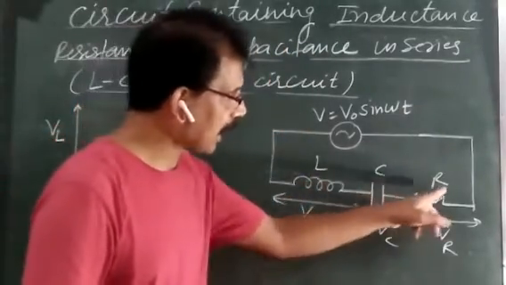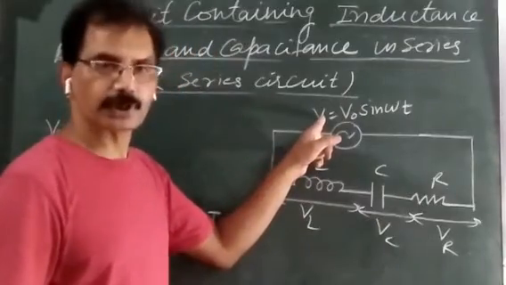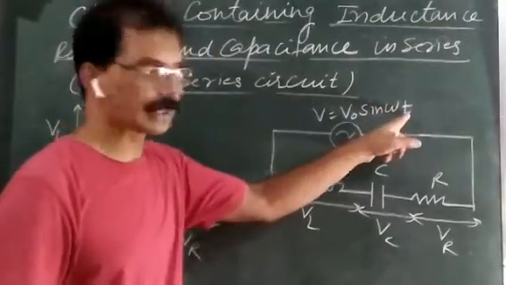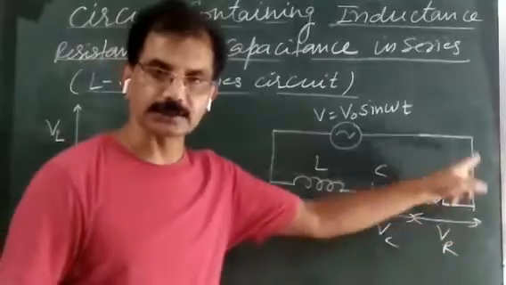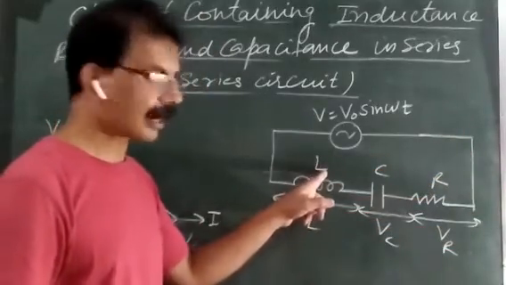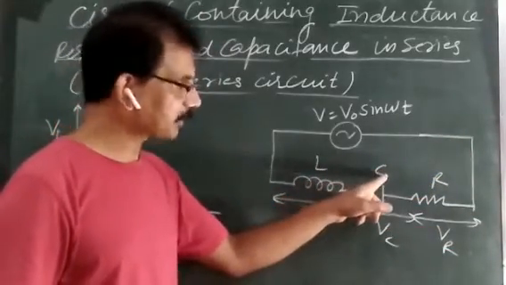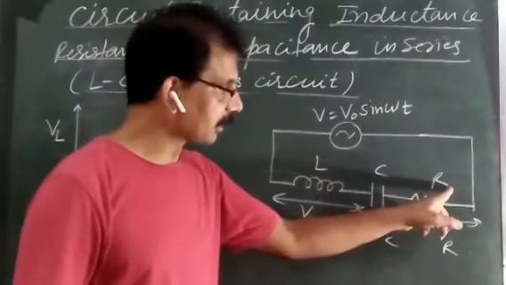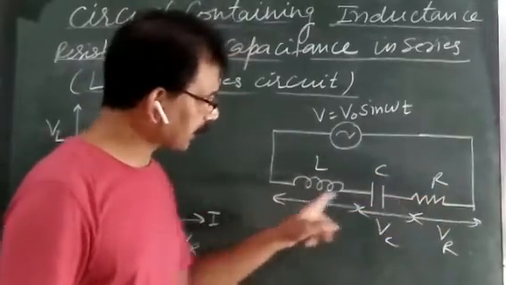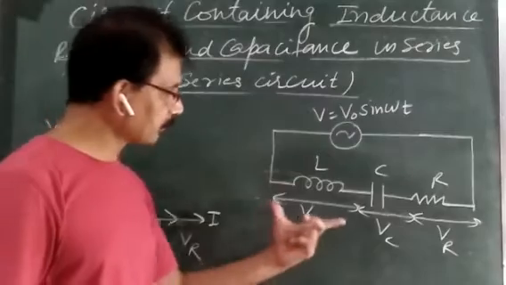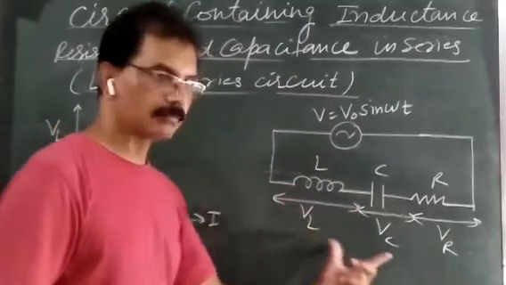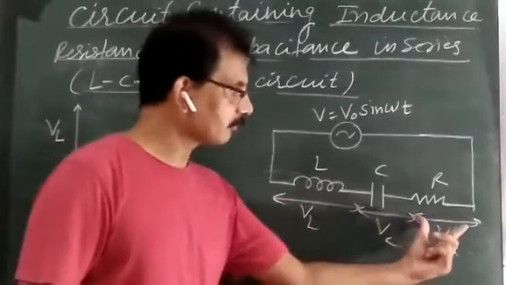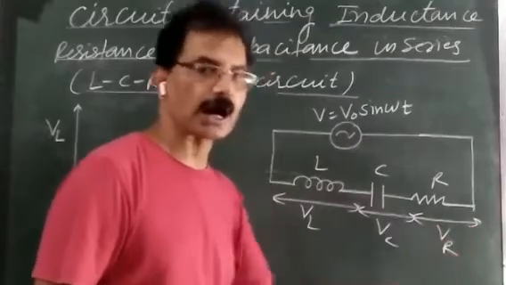So LCR. Let an alternating voltage V is equal to V naught sin omega t be applied across a circuit in which inductor of inductance L, capacitor of capacitance C, and resistance R be connected in series. Let the voltage across the inductor be VL, voltage across capacitor be VC, voltage across resistance be VR.